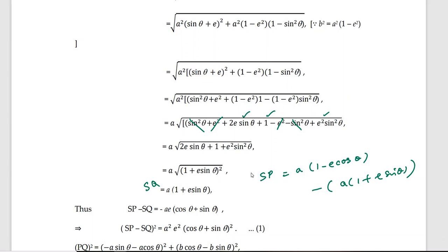So when we simplify this, plus a and minus a will get cancelled, giving minus ae cos theta, and here minus ae sin theta. So ae when we take out, we have cos theta.